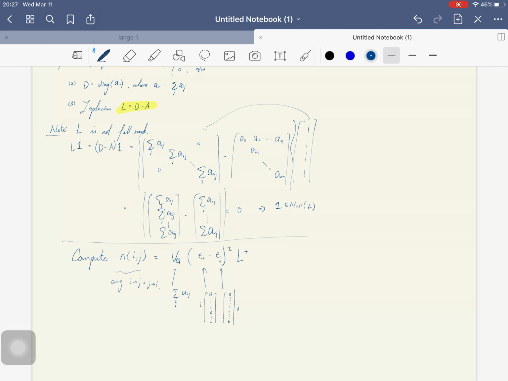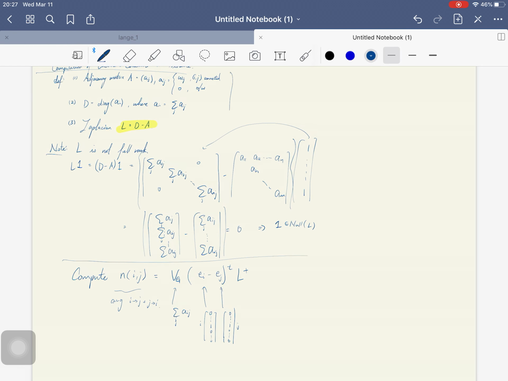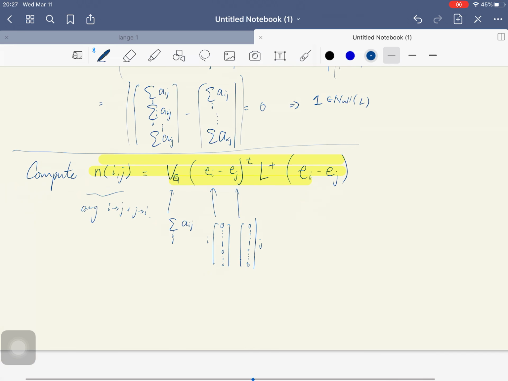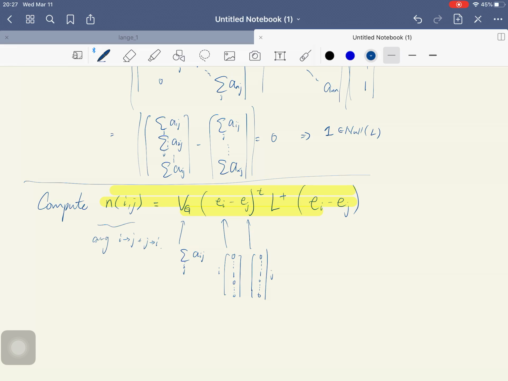Let me remind you what the Laplacian is. The Laplacian is defined up here, and then we multiply by the right vector of this difference, right? So you have this weird quadratic form times the volume of the graph. This is the closed form solution for how we compute the Euclidean commute time distance.